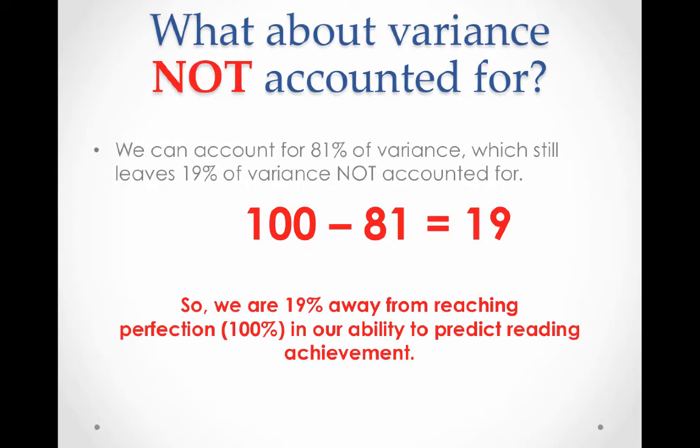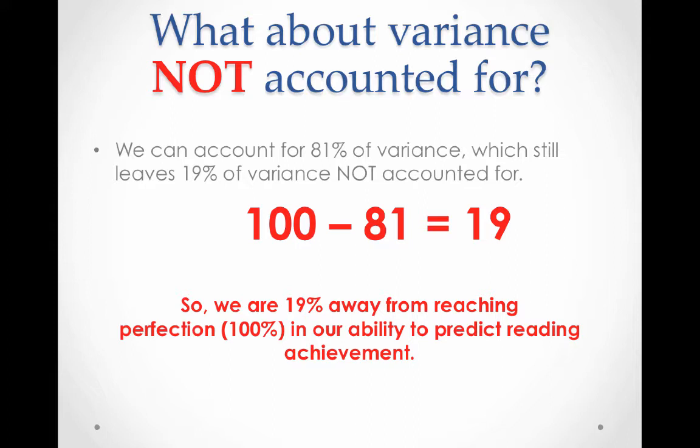What about variance not accounted for? We can account for 81% of variance, which still leaves 19% of variance not accounted for. How do we get that? You have 100% minus 81%, which equals 19%. So we are 19% away from reaching perfection, 100%, in our ability to predict reading achievement.